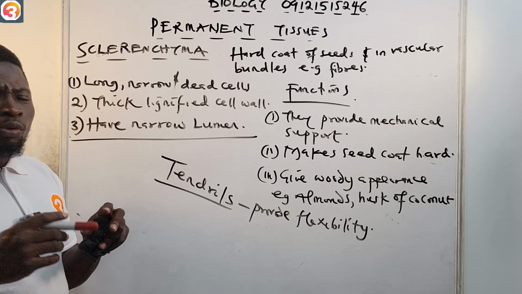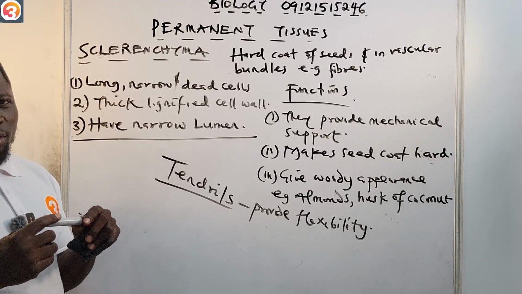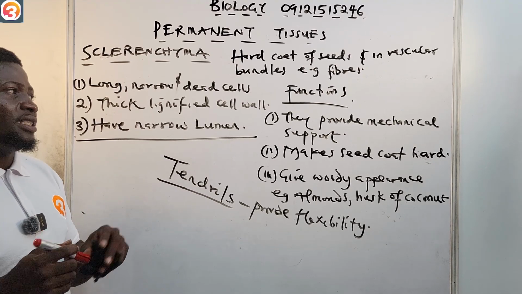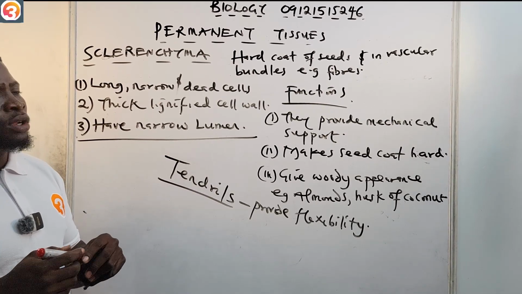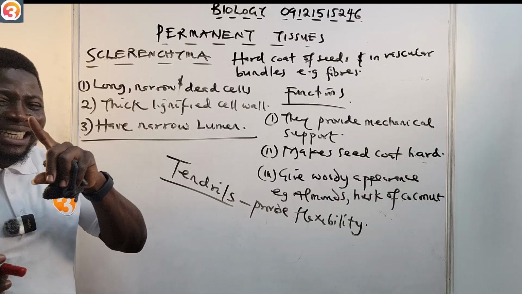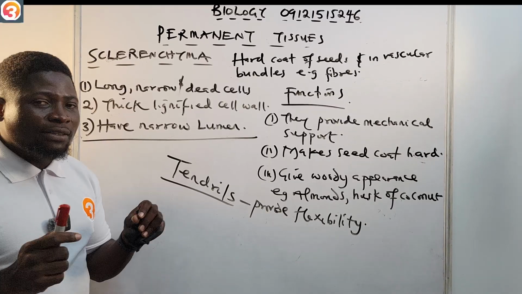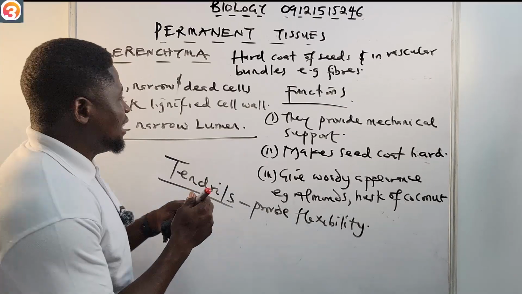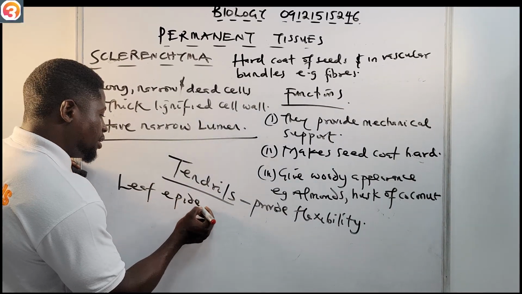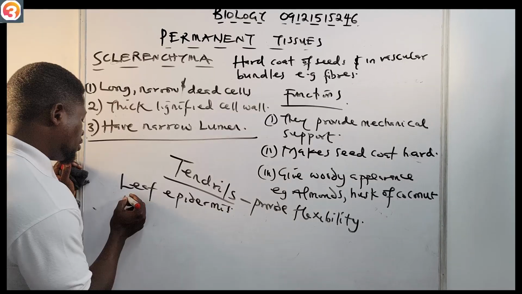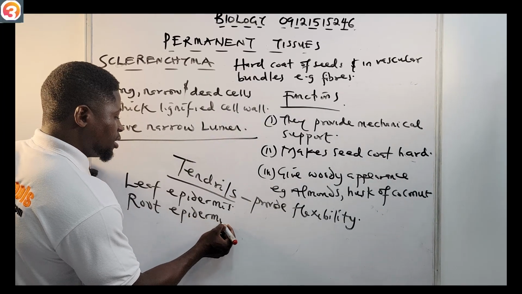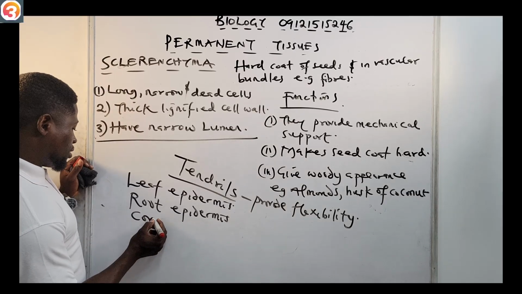But before we go, we'll quickly talk about protective tissues for plants, because in the next episode we'll look at the complex permanent tissues, that is the xylem and the phloem, in great detail. But before we go there, let us look at protective tissues. Those are the leaf epidermis, the root epidermis, and number three, the cork.